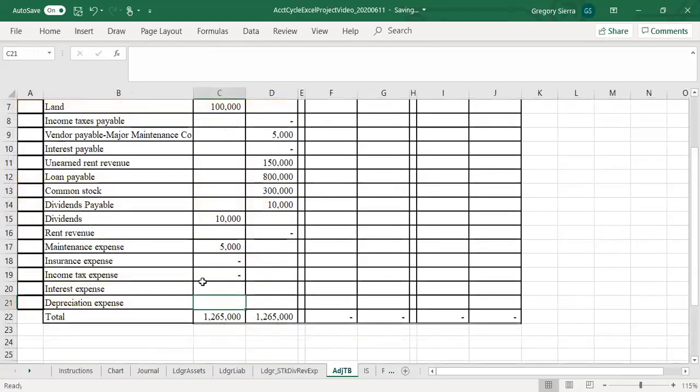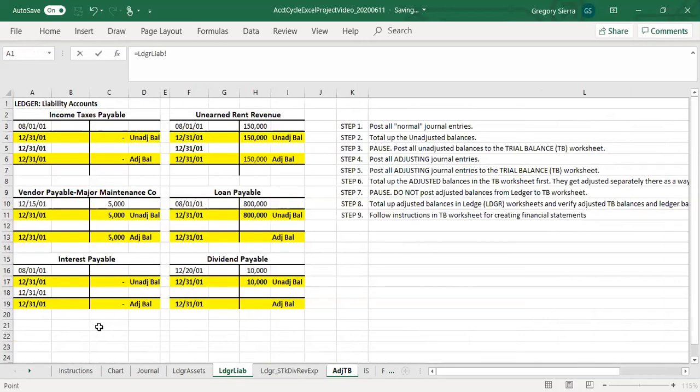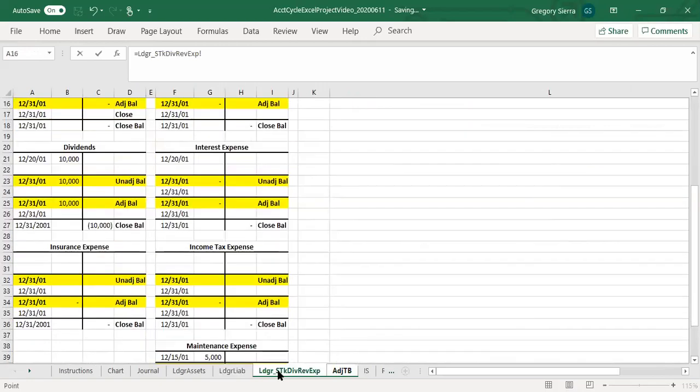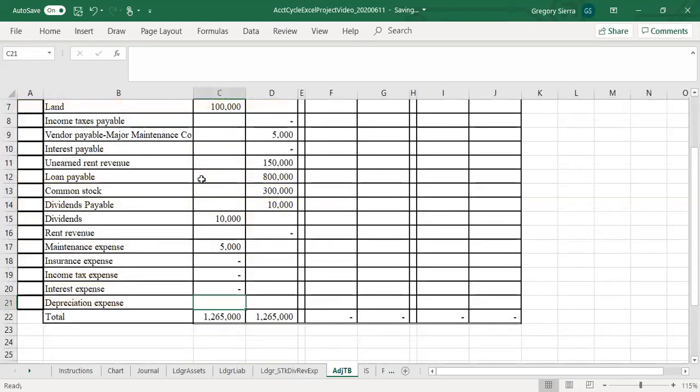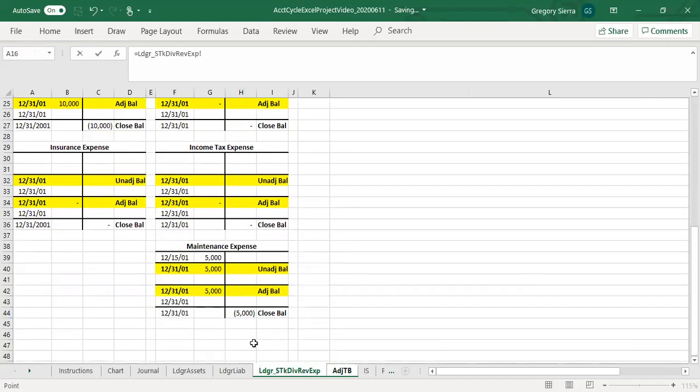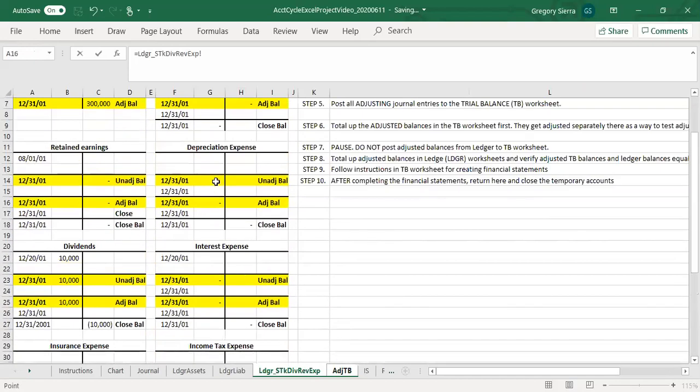Right here. Interest expense, unadjusted. And this is a little bit unusual. It's the first year, so I gave you kind of a simple setup here. Interest expense, I'm in the wrong one. Interest expense, unadjusted, 0. And depreciation expense, unadjusted, should be 0. There you are, unadjusted, okay.